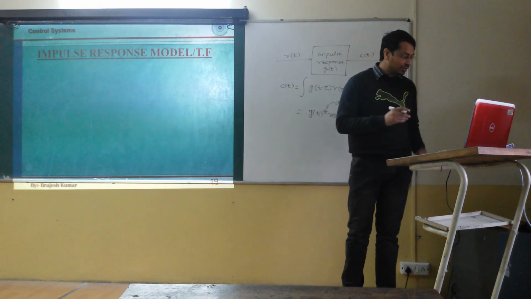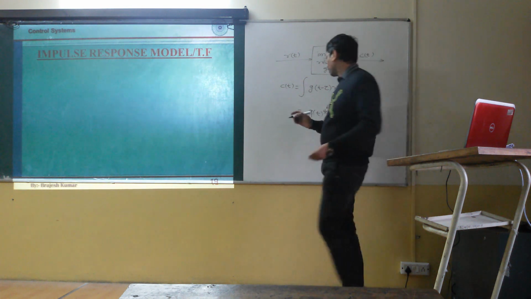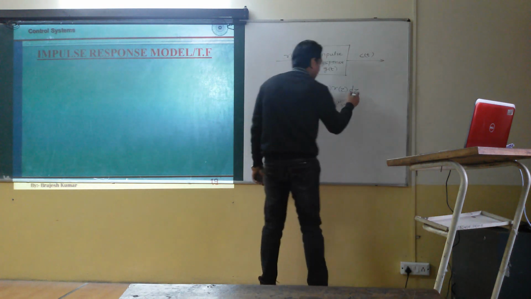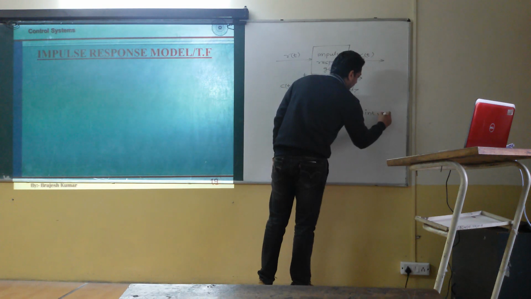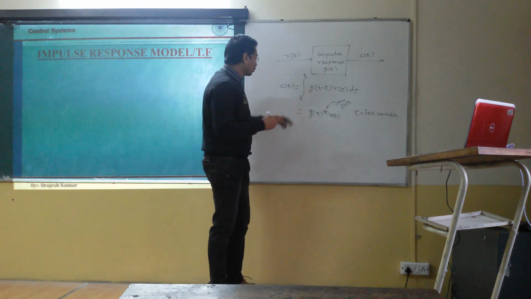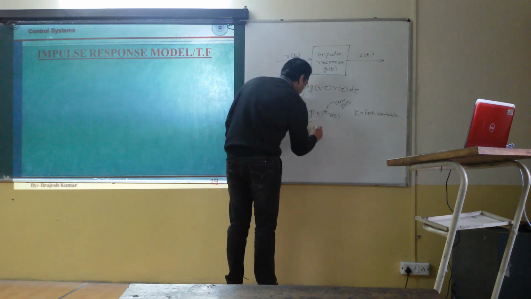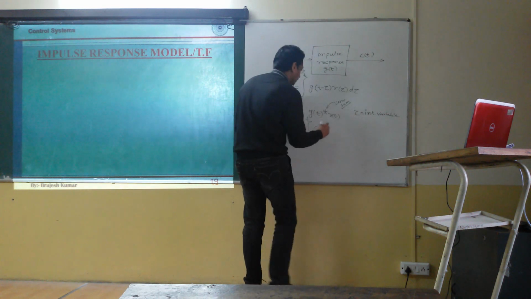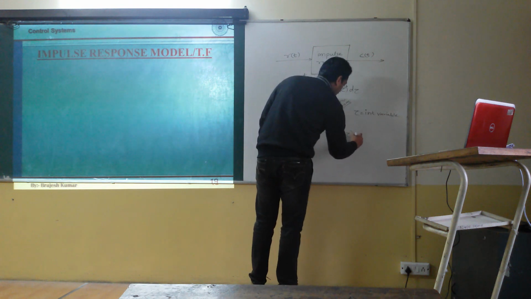Can you say what is the limit of this integration? 0 to t, and d tau means tau is your integration variable. Or alternatively, you can also write this as integral from 0 to t of g(tau) r(t minus tau) d tau.